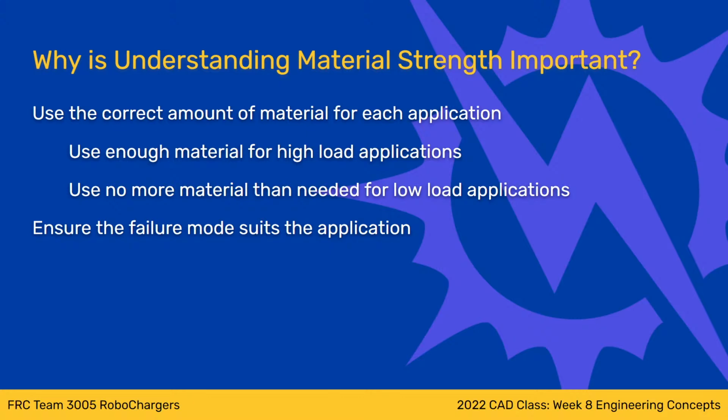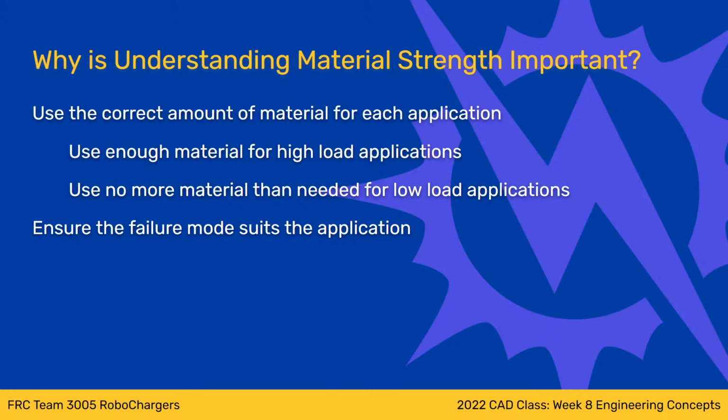And then the other part of it that is just as important is that there are different, very distinct ways that parts can fail, and it is important to make sure that the failure mode matches the application for that part.